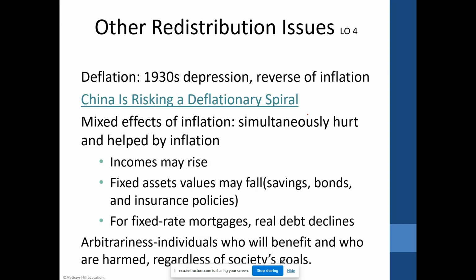Deflation has been as much a problem as inflation. For example, the 1930s depression was a period of declining prices and wages. The effects of deflation are the reverse of those of inflation to different people.